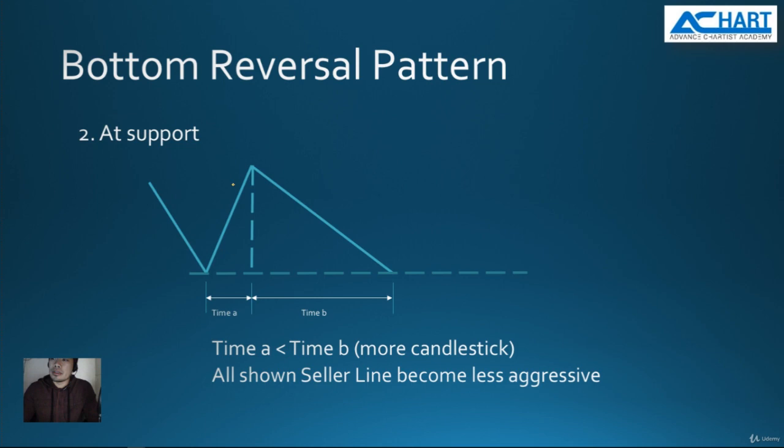Can you think about it? It is because it does not make any power downward. The last movement could be like this, but this part makes the seller become less aggressive, and again the buyer becomes more aggressive.